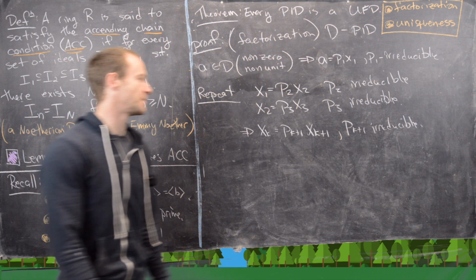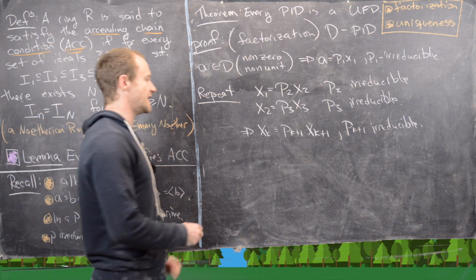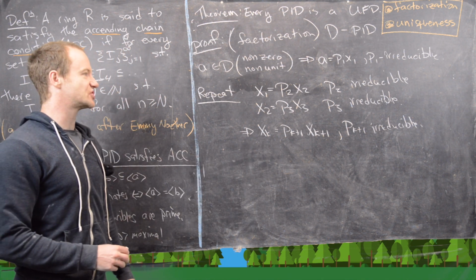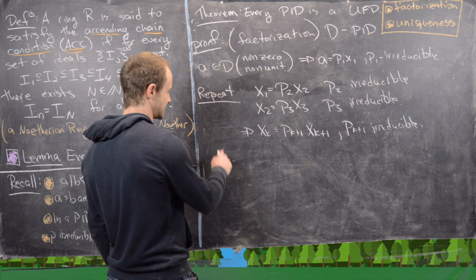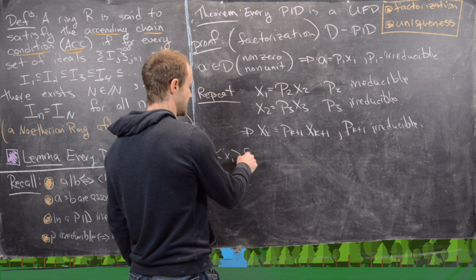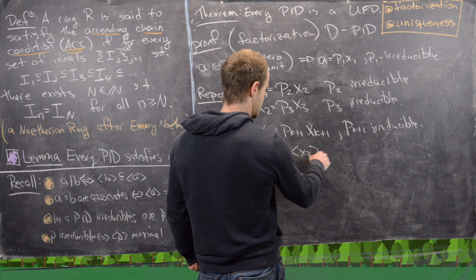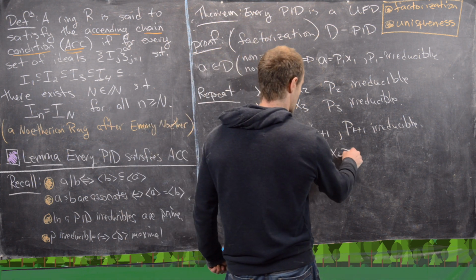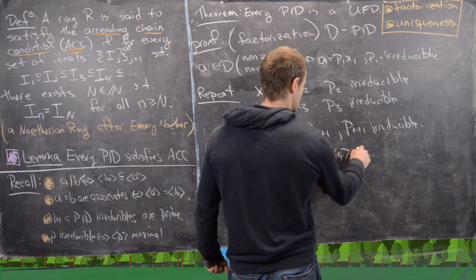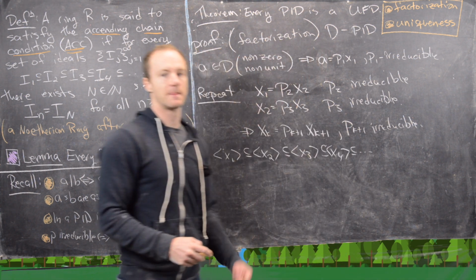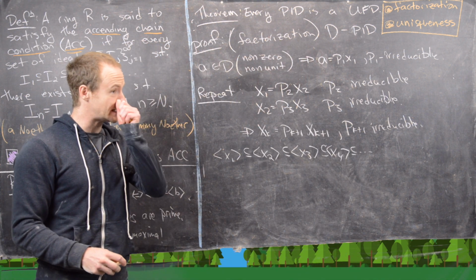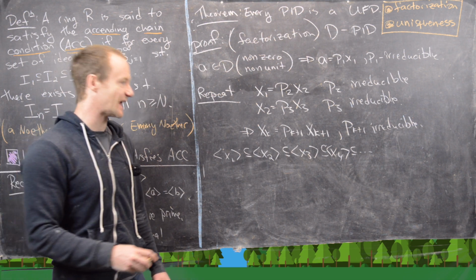Great. But now what we want to do is form an ascending chain of ideals out of these X's. So notice we have the ideal generated by X1 is contained in the ideal generated by X2, X3, X4, and so on and so forth. But since this is a PID, it satisfies the ascending chain condition.